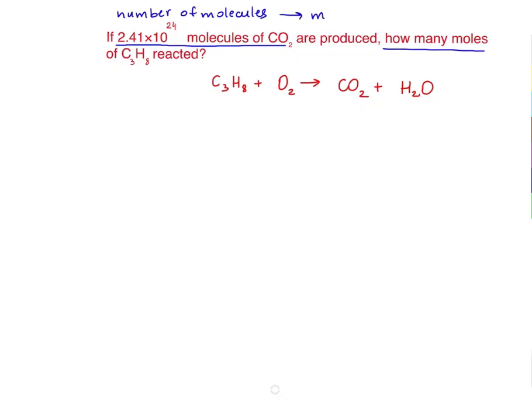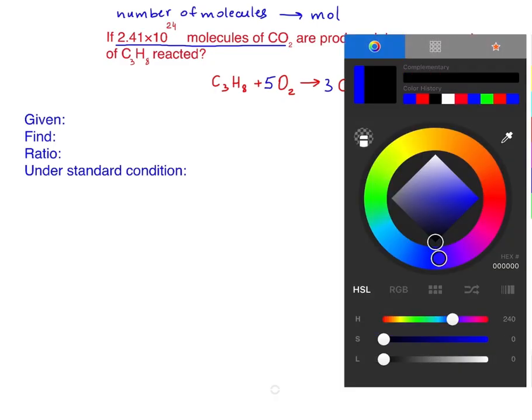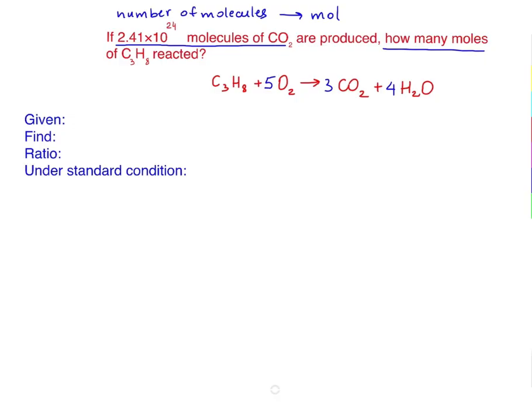So what you're given is the number of molecules of CO2, and you need to solve for the moles of propane, C3H8. First, of course, you balance it, and then you fill in the templates. What's given is the first thing you need to write down. It's 2.41 times 10 to the 24.